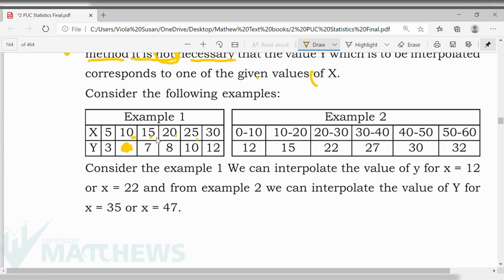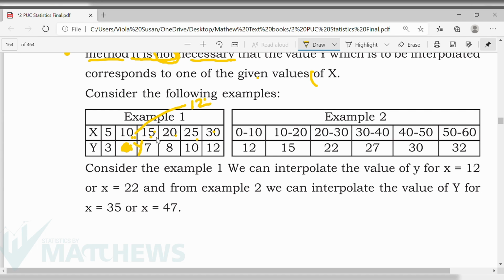Now there is one value between 10 and 15, the value 12. So the value of x between 10 and 15 is 12, students. Now when x is 12, what can be the value of y? Is 12 mentioned in this series? No, it is not mentioned. 5 is mentioned, 10 is mentioned, 15 is mentioned, but 12 is not mentioned.